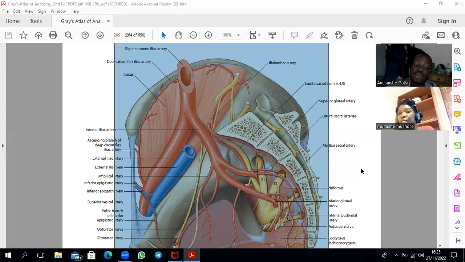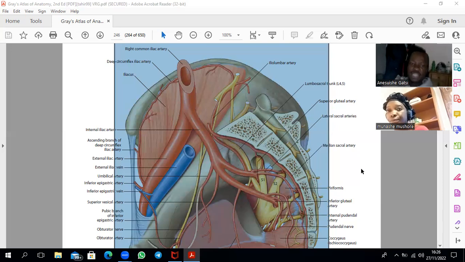So the two branches that are left there are deep artery of the penis and dorsal artery of the penis. For the female, you just change the word penis and put clitoris. For the female, you also have inferior rectal artery, perineal artery, then you have a deep and a dorsal artery of the clitoris.